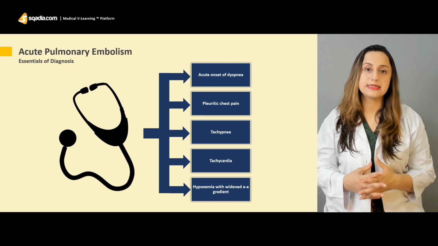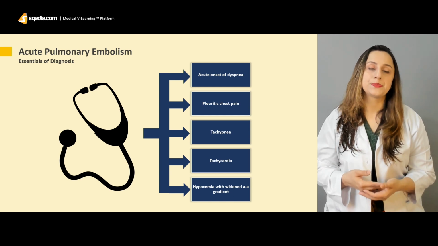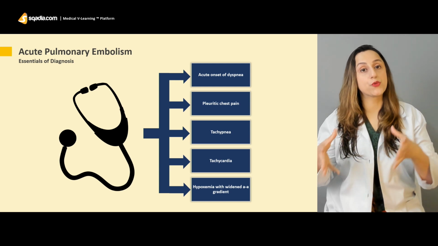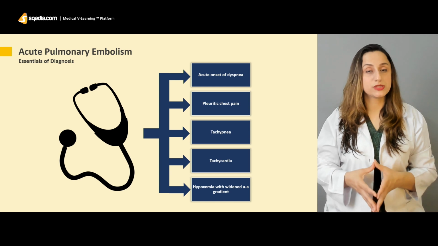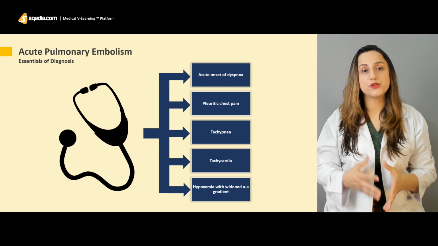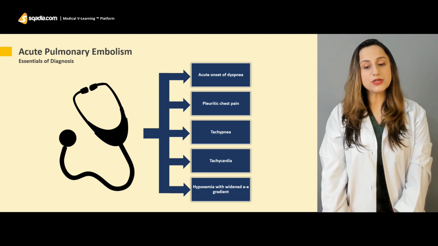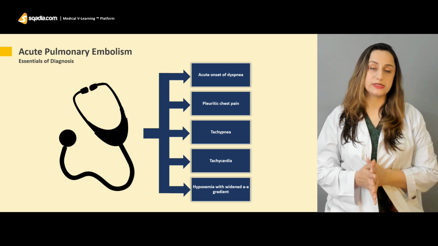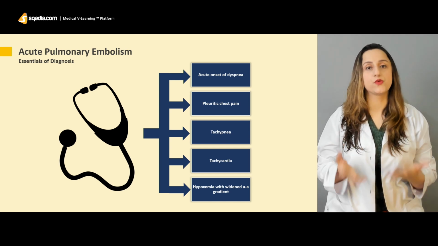Pleuritic chest pain would be seen, and this increase in the heart rate and respiratory rate makes the patient more prone to getting critically ill, and you would have to give supportive treatment for these patients. The hypoxemia with widened A-a gradient is also seen for these patients. So this is the set of signs and symptoms that we were focusing on.